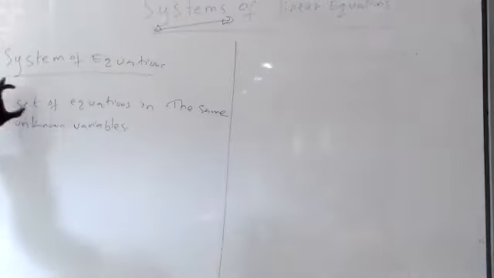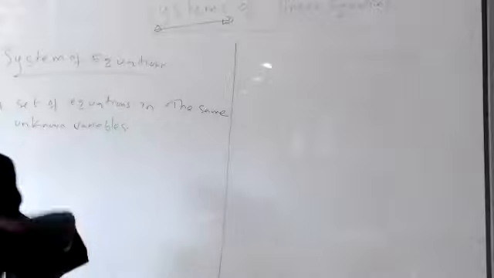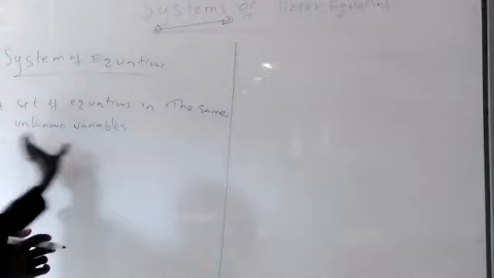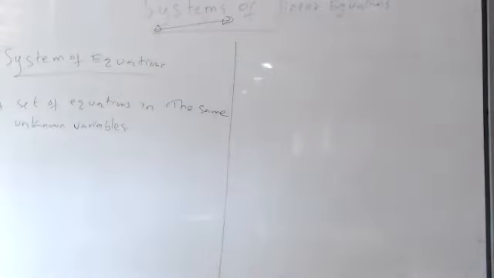System of equations is simply a set. So when you talk of a set, you're simply talking of a collection, or a group of equations that have the same unknown variables. Let me give an example.